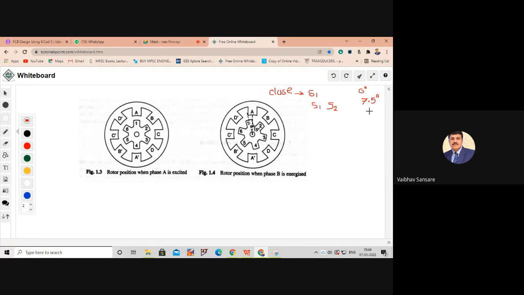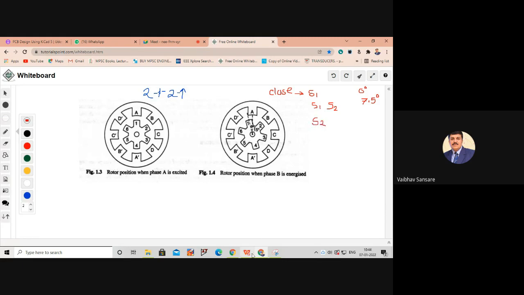Now there is a small change in the switching sequence. So the mode is 2-1-2-1. At this particular moment, two switches are in closed condition. Now for the next switching case, turn off or open switch S1. Now if we open switch S1, S2 is in on condition.